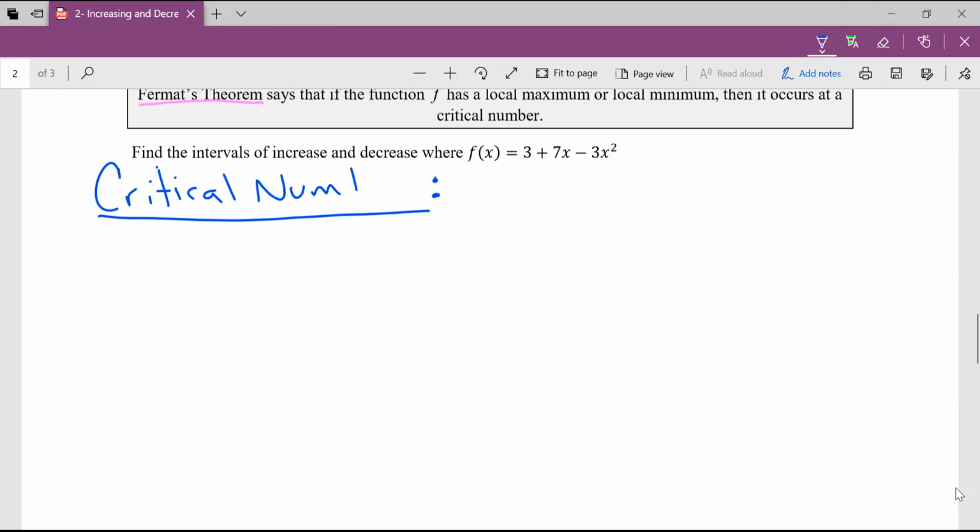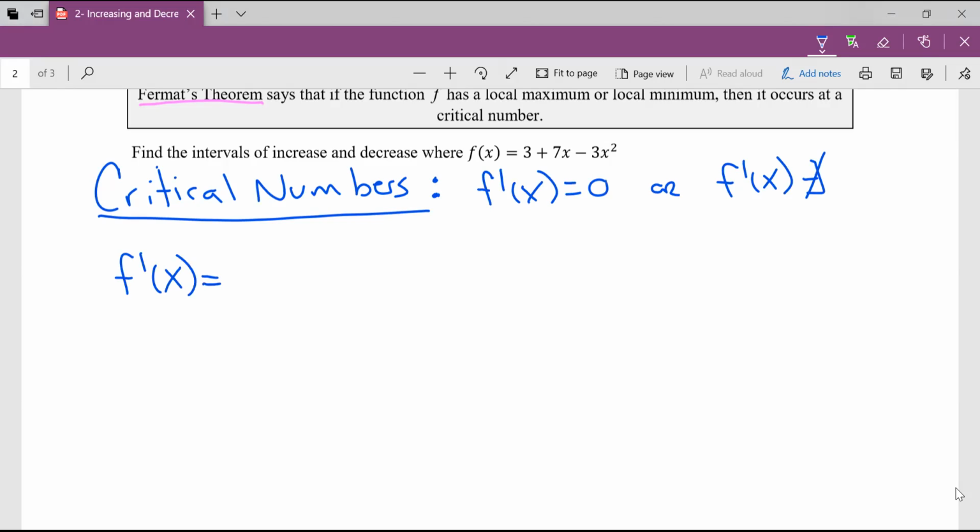Let's find our critical numbers, friends. Our critical numbers are where our derivative is equal to 0 or where the derivative does not exist. So take the derivative: f prime at x is 7 minus 6x. To find our critical numbers, I'm going to set my derivative equal to 0 and solve for x.